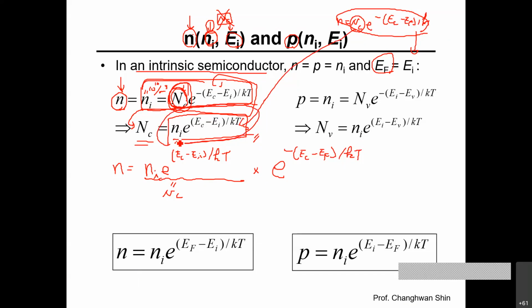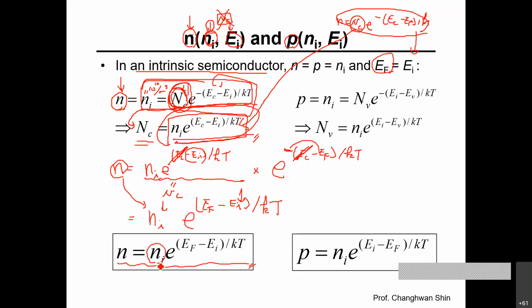Then E sub C and E sub C cancel out. So n i times exponential, minus becomes plus, E F minus E i over kT. So now electron concentration has been rewritten with n i and E i.